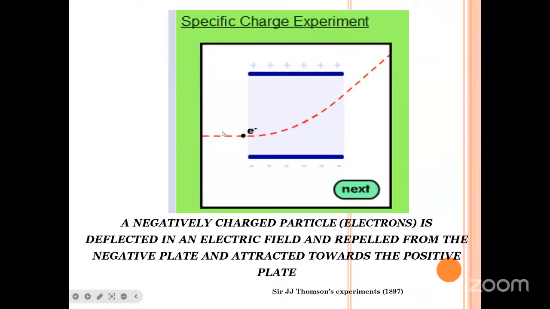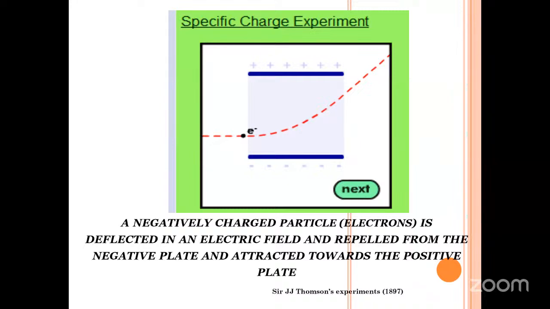So I was saying that the direction of the deflection depends on the kind of charge. Now, this is an electric field, like I was saying, positive plate, negative plate. That's what you have in an electric field. When you want to put wires in the head of a plug, you have a place where you put the negative and the positive.